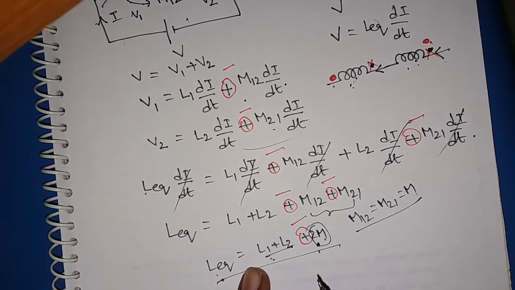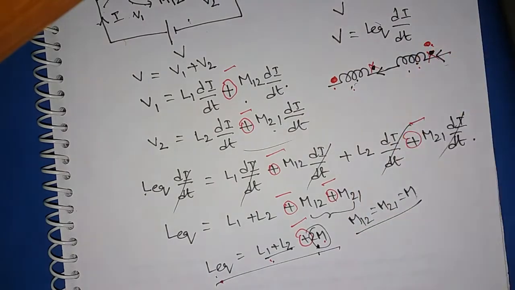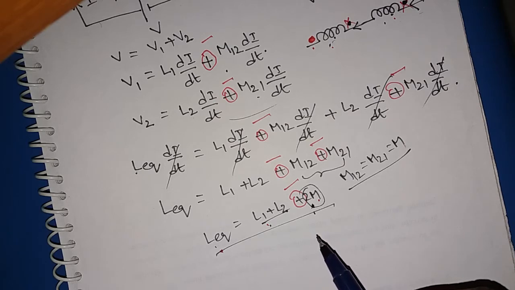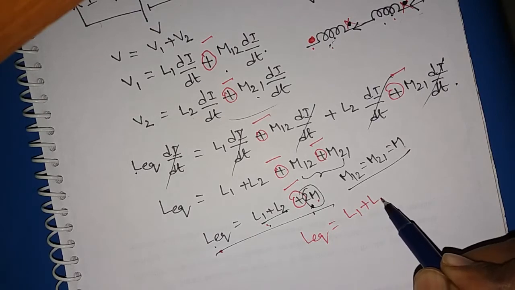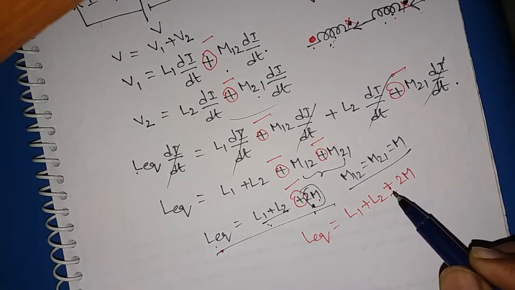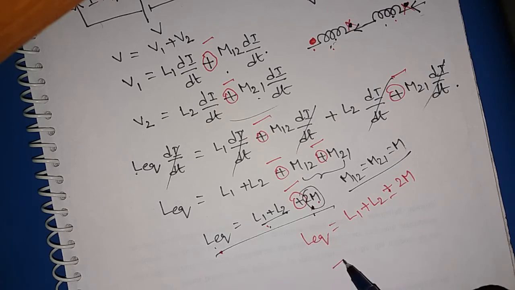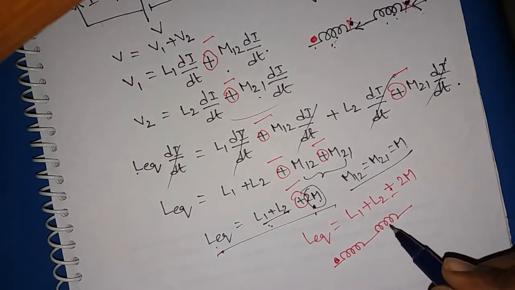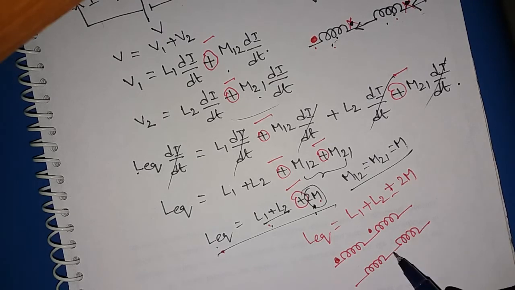That is, the two coils are not aiding each other, they are opposing each other. So the equivalent inductance when the coils are coupled in series is L equivalent equal to L1 plus L2 plus or minus 2M, where plus stands for aiding and minus stands for opposing. Aiding means this, or this.